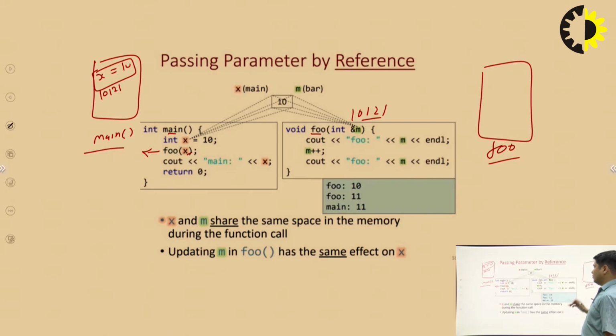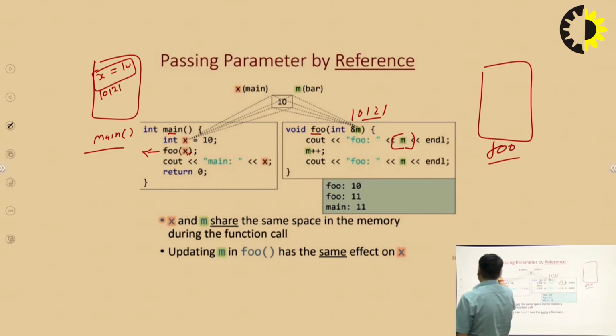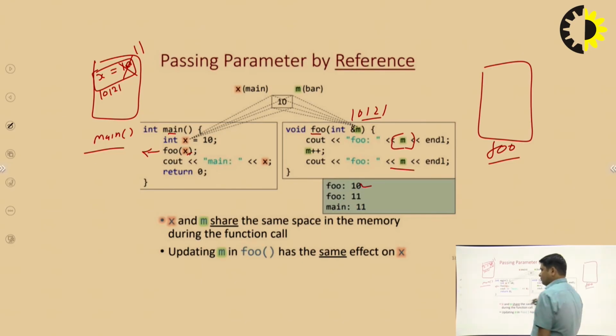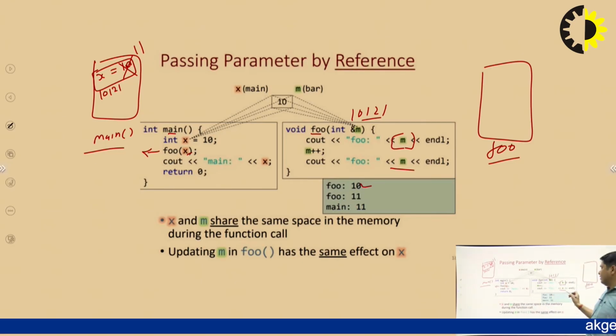In that scenario, the memory for n will not be created. Only I am passing the address. At that time this address will be transferred and I am going to print the value at that address. What is the value at that address? 10. Immediately 10 will be printed. Increment the value of 10 by 1, then this value will be lost. The value becomes 11. Now I am going to print the updated value of n, 11.